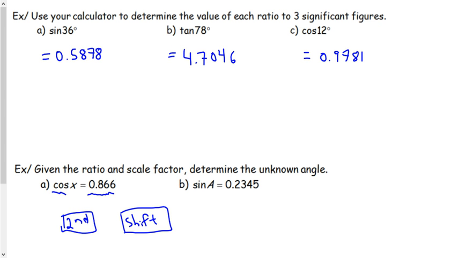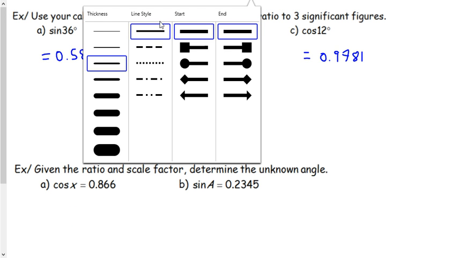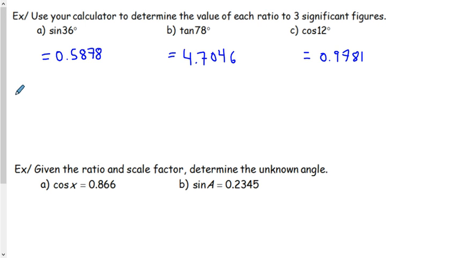What should appear on your screen is cosine with a little -1 on it. It'll say cosine -1, and it might have an opening bracket as well. This is how we're going to undo that ratio to figure out what angle it's associated with.